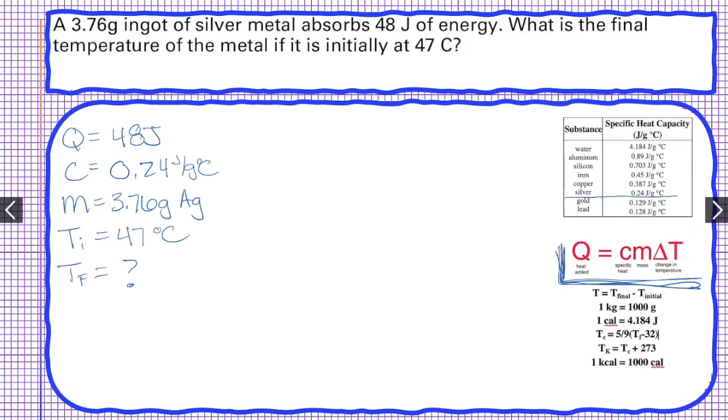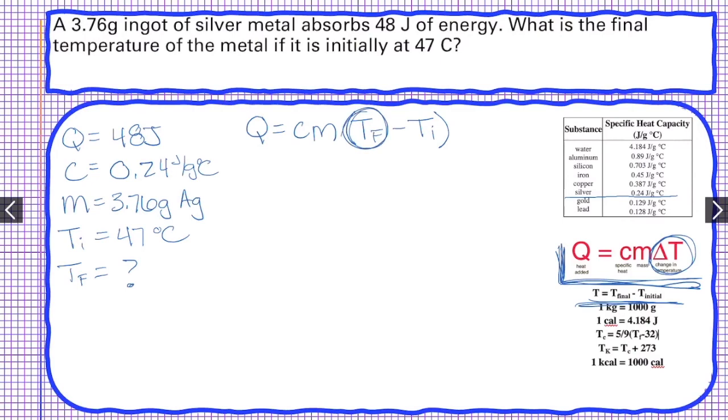So I'm going to go ahead and write this equation out. Q equals cm, and instead of using delta T, I'm going to expand that. So I'm going to write my temperature final minus my temperature initial, and that is going to allow me to calculate my final temperature right here.